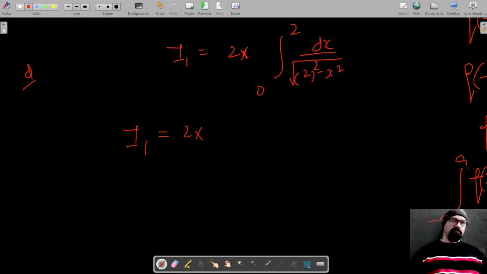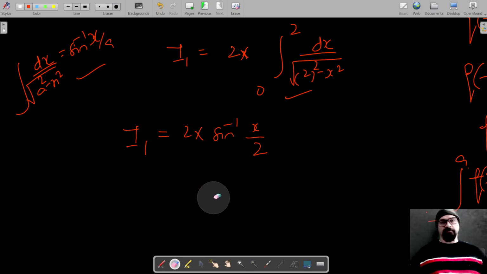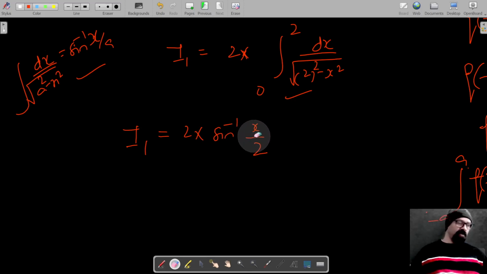We know that the integration of under root a square minus x square is equal to sine inverse x by a. Using this formula, we have got I1.